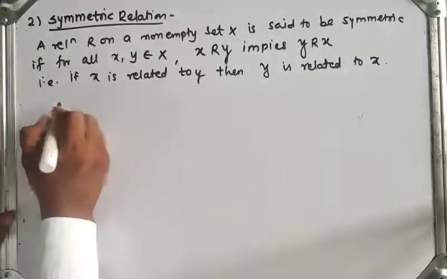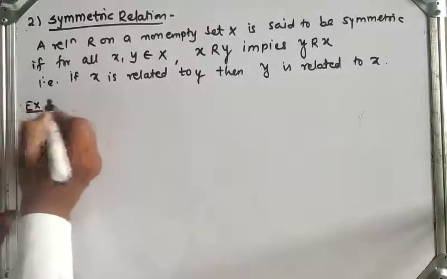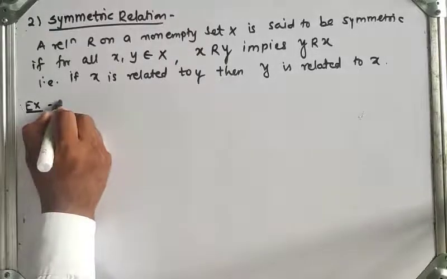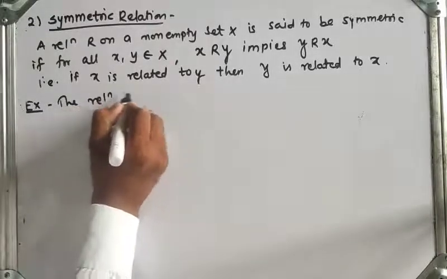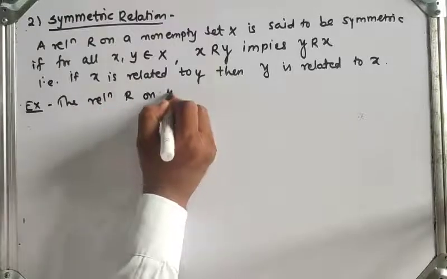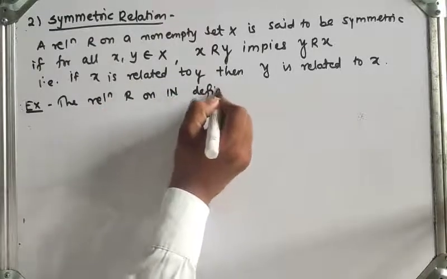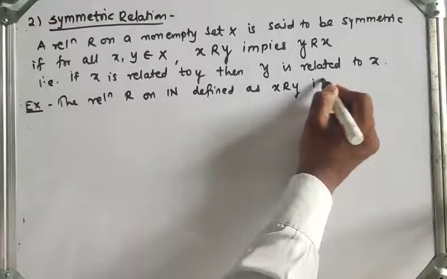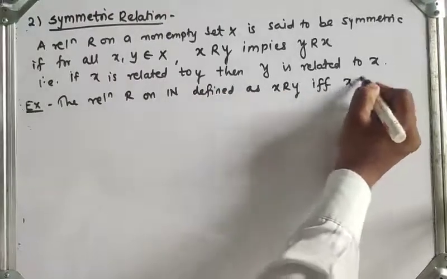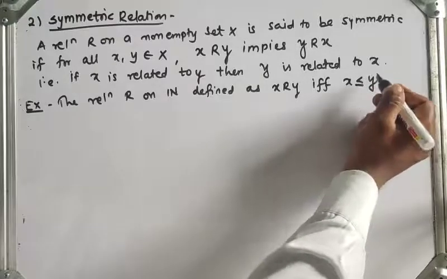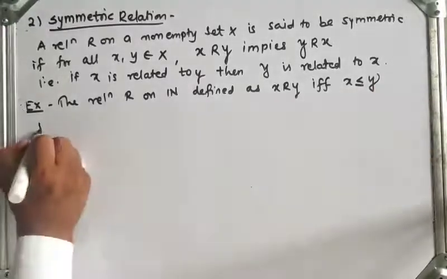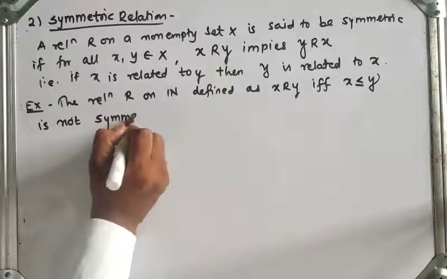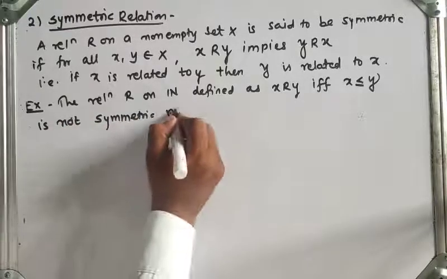For example, the relation R on the natural numbers defined as x related to y if and only if x is less than or equal to y is not a symmetric relation.